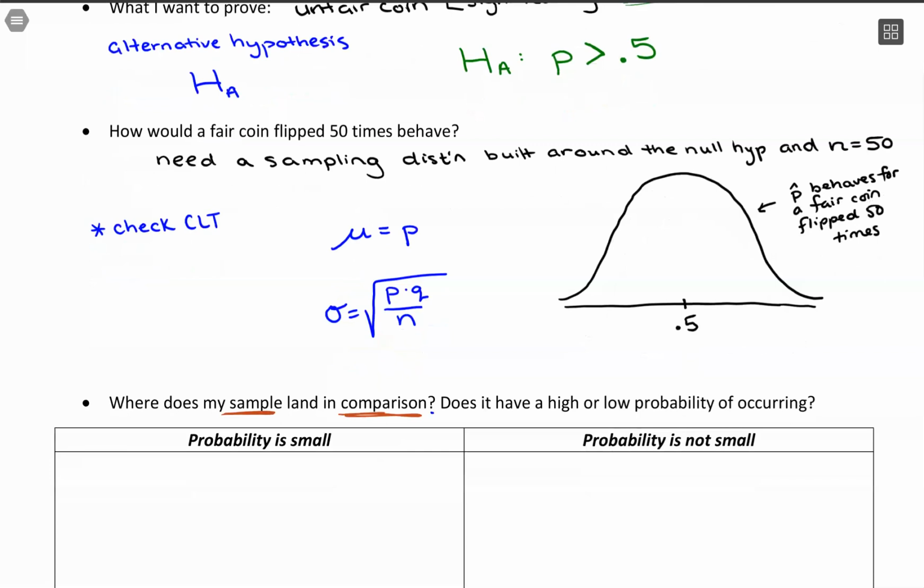And this is where we could branch off into two cases. So when we get to conclusions for these hypothesis tests, there's going to be two possibilities. Like in this case, it would be that I have proven that I have an unfair coin, or the other case will be that I haven't proven that I have an unfair coin. So we either have evidence or we don't have evidence for what we're trying to prove.